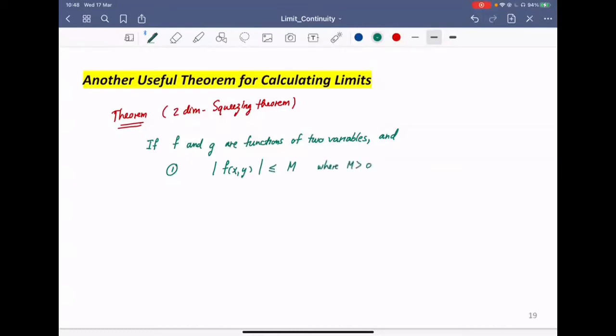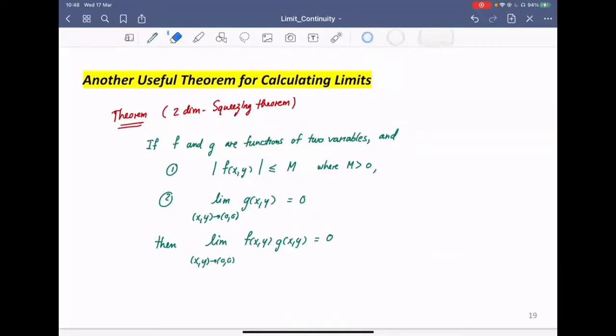Number two, the limit of g(x, y), as (x, y) goes to (0, 0), is 0. If you have these two conditions, then you can conclude that the limit of f(x, y) times g(x, y) equals 0, where (x, y) goes to (0, 0).